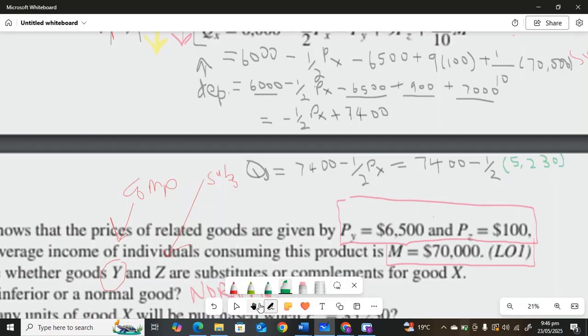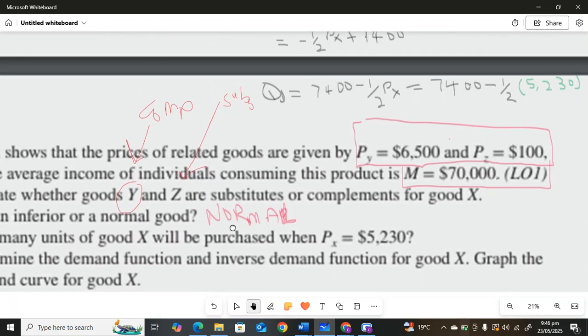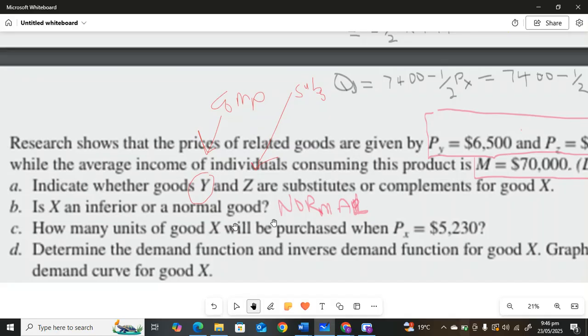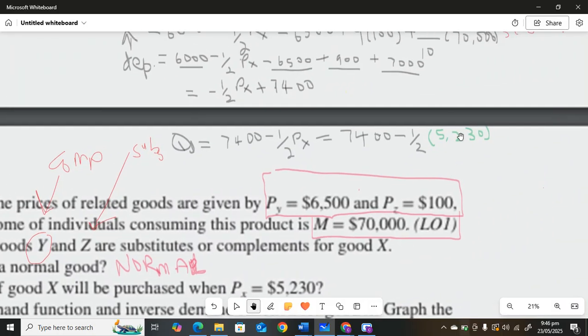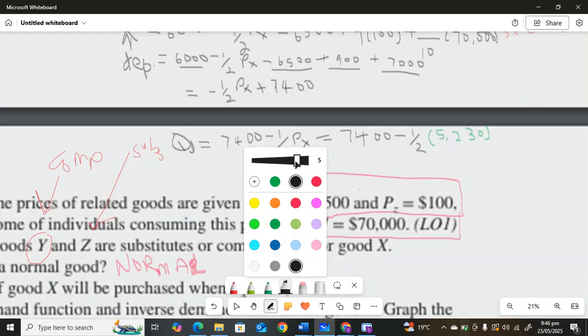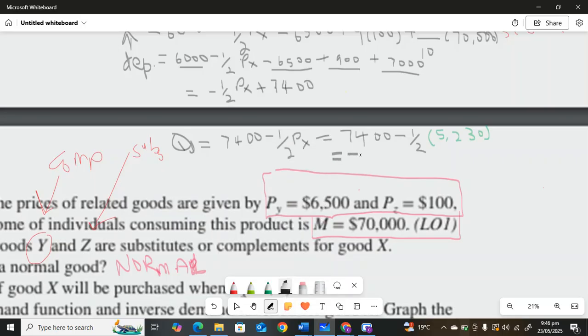It's in the question: how many units of good X will be purchased when PX equals 5,230? So what is half of 5,230? 2,615.